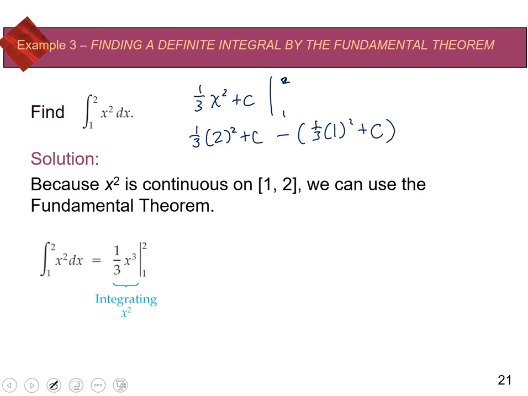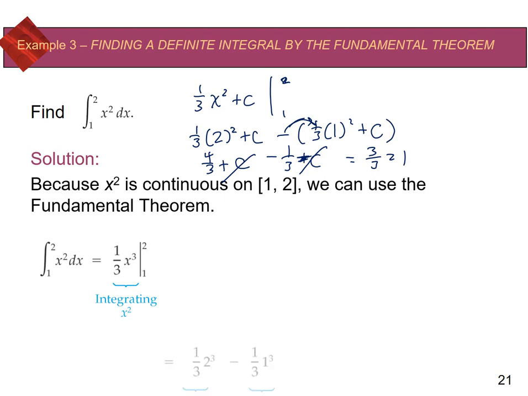We're assuming it's the same arbitrary constant, so the plus c's would just cancel at that point. It's going to be a minus c because I get distributed. So the arbitrary constants would cancel. So I can ignore the arbitrary constants when I do a definite integral.